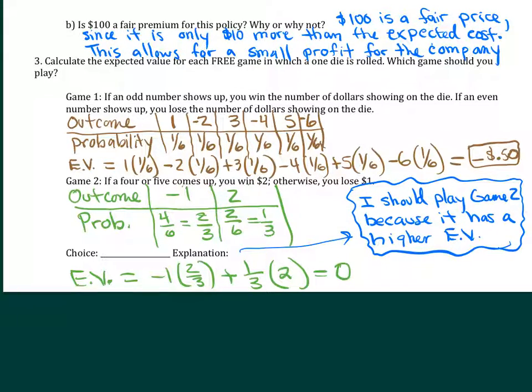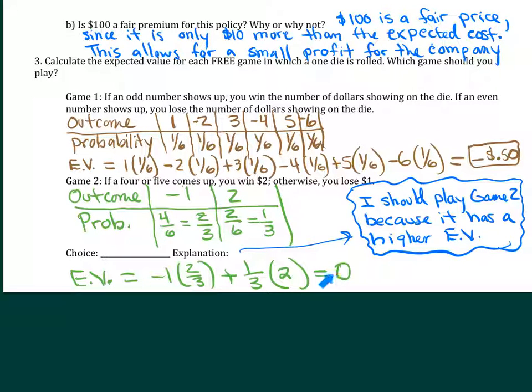All right, so then doing the expected value, that would be negative 1 times 2/3 plus 2 times 1/3, and you get 0. So that means if you played game number 2, you would expect to break even.